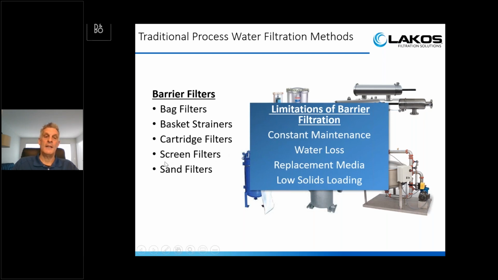Some of the issues that come into play with sand filters, for instance, is excessive water loss during a backwash cycle. They have to replace the media, usually annually. And they also both have low thresholds of solids loading, as do bag filters, basket strainers, and cartridge filters. So that's some of the limitations that you'll find with barrier filtration.